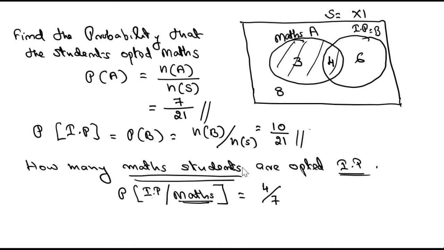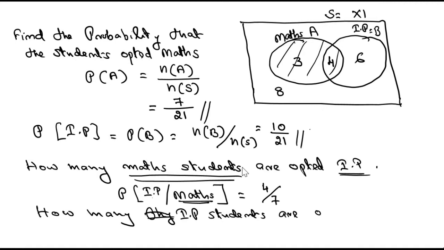If I ask the question how many IP students opted maths, that means the given is already IP students, the sample space is decreasing to IP, and we want to find the probability of maths students.